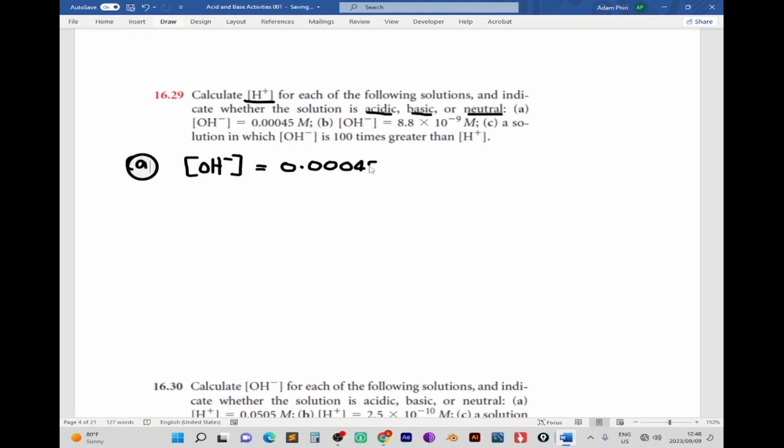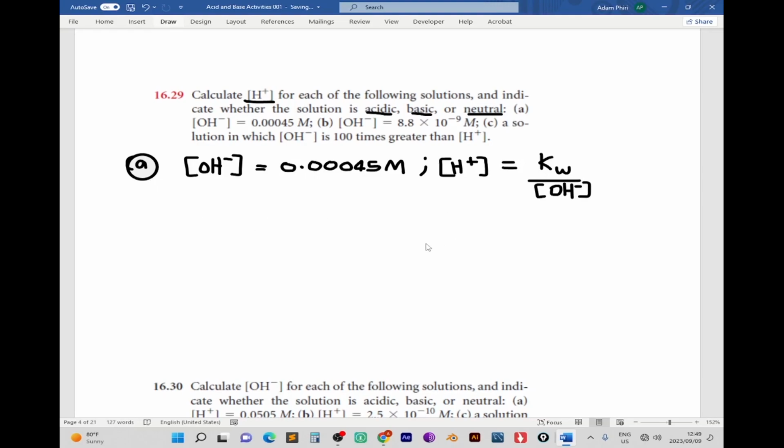The base is 0.00045 molarity. We have to find the concentration of acid given the base. So the concentration of acid will be the dissociation constant of water over the concentration of the base.